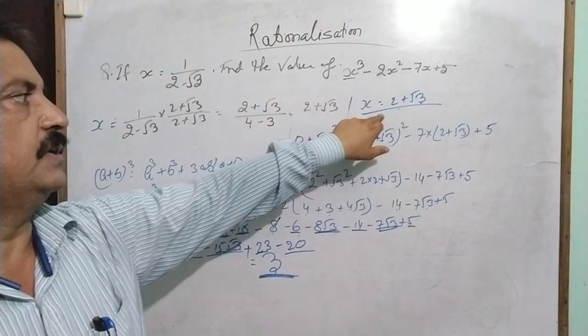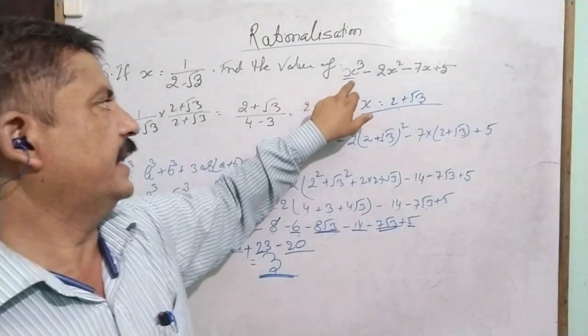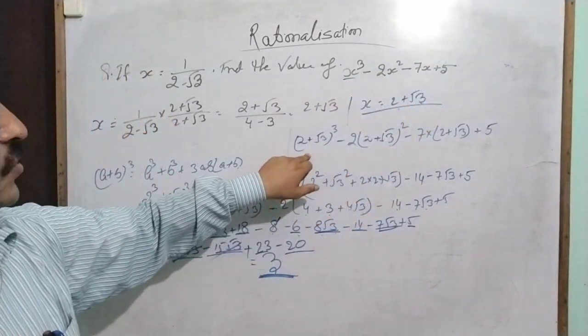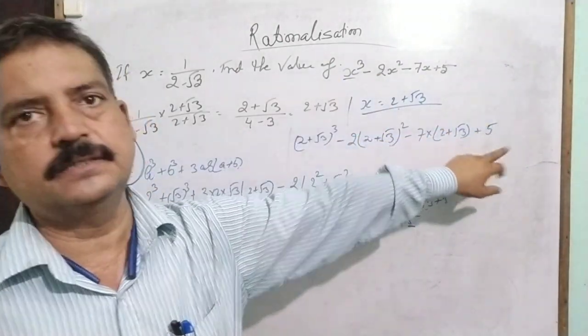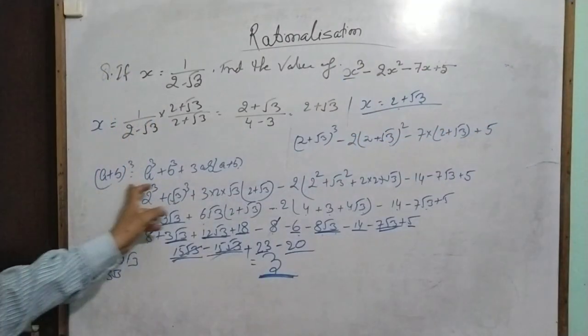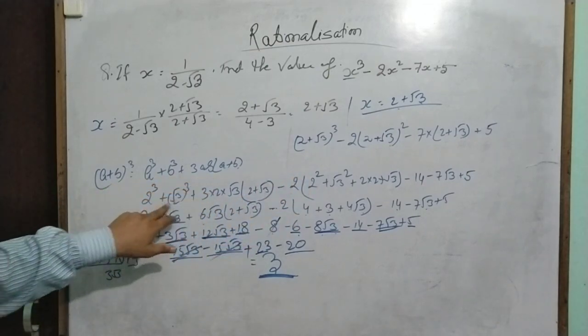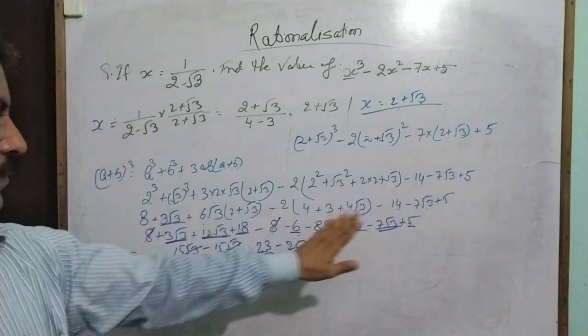Then putting that value into x cube, x square and x, in x cube minus 2x square minus 7x plus 5, using (a plus b) whole cube, (a plus b) whole square and so on.